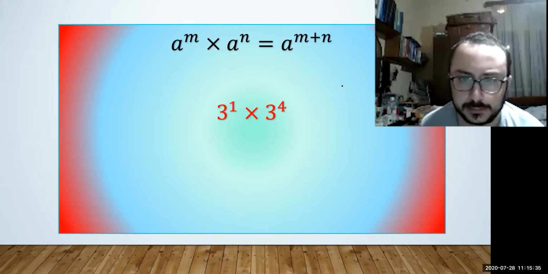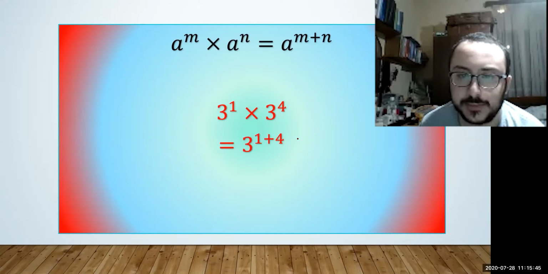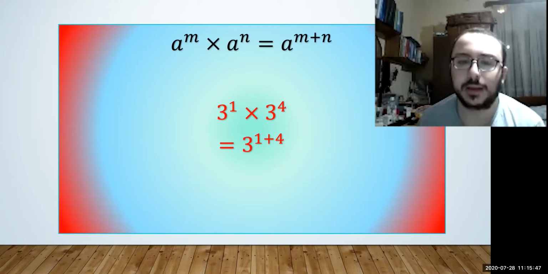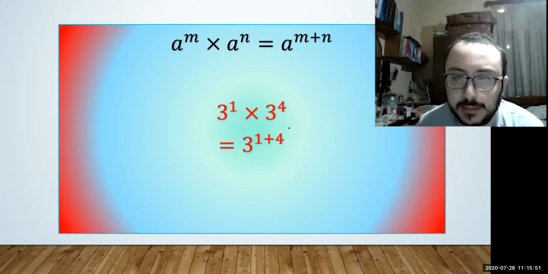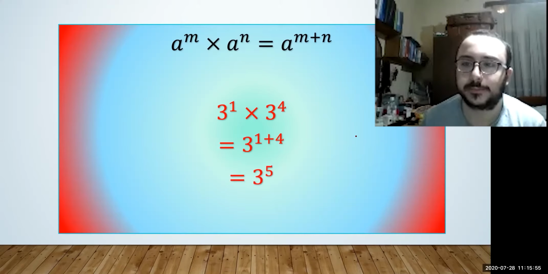It's equal to 3 power 1 plus 4. 1 plus 4 is 5. So it's 3 power 5.